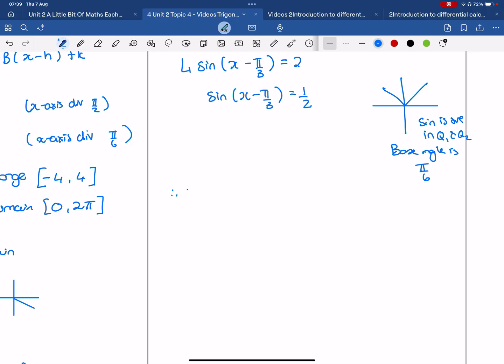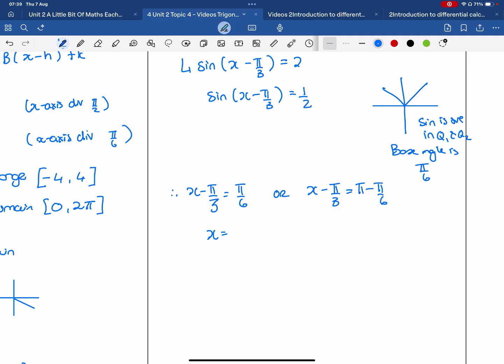So therefore, my angle x minus pi on 3 must be equal to pi on 6, or x minus pi on 3 will be pi minus pi on 6.